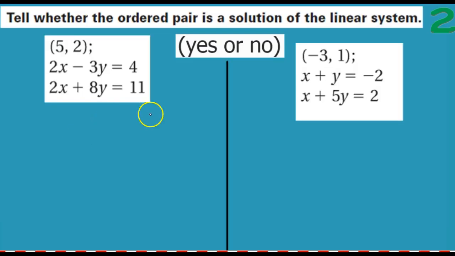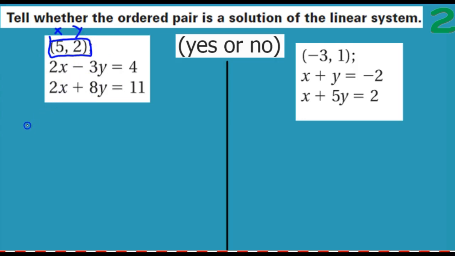So if we take a look at this first one, we need to tell whether the ordered pair is a solution of the linear system. This will be either a yes or no answer. How we figure it out is to see if this ordered pair, (5, 2), satisfies both of our equations. We know that the 5 is the x and the 2 is the y.